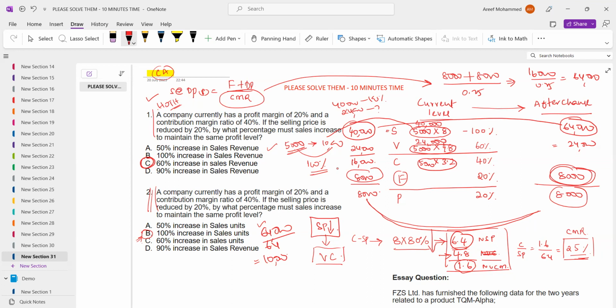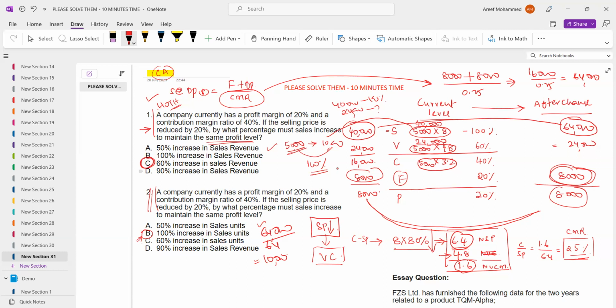Did they say to maintain the same contribution margin level? No. Same level of profit, that is. So remember, if selling price changed, it means contribution will definitely change. Contribution margin ratio also will change.